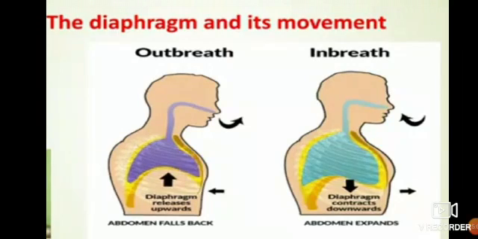When we give carbon dioxide outside, what happens? The diaphragm releases upwards. It moves upwards. And when we breathe in the air, that time what happens? Our diaphragm becomes big, contracts downwards.